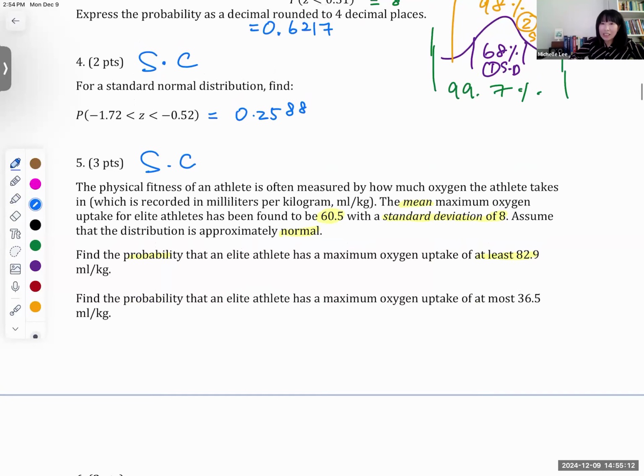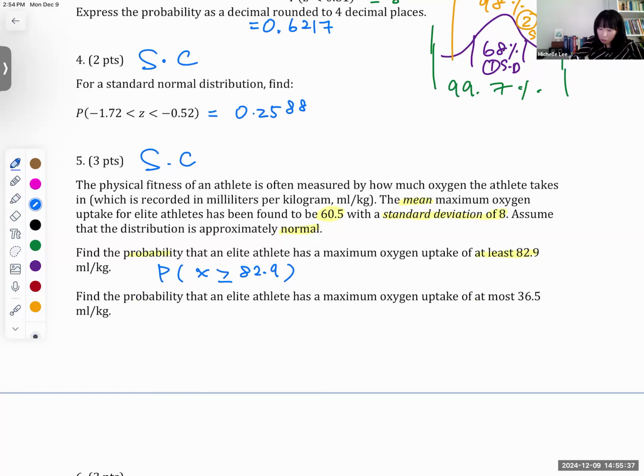All right. So at least. How do we indicate the at least? X, 82.9. What kind of inequality do we have to use? That or that? Number 1 or number 2? Very good.